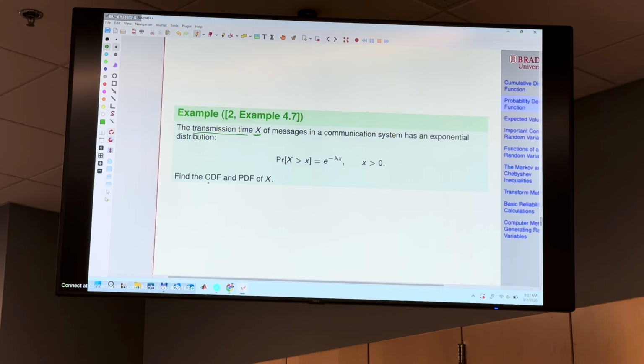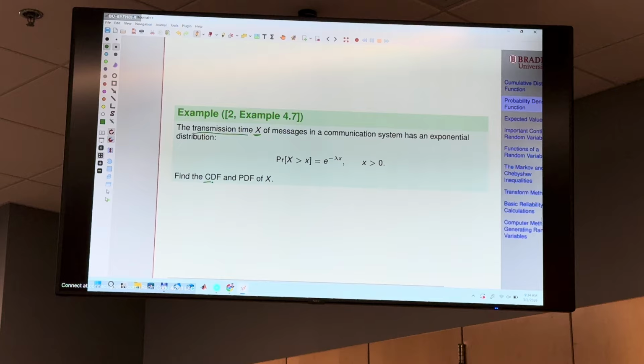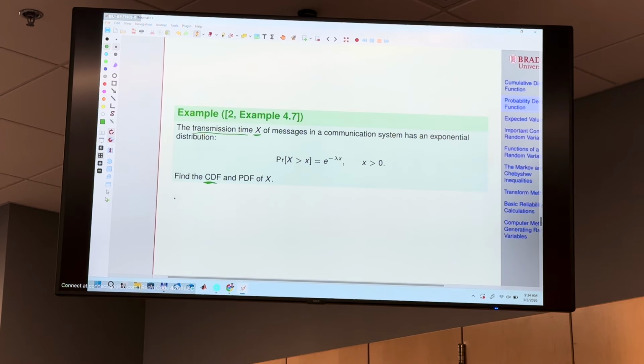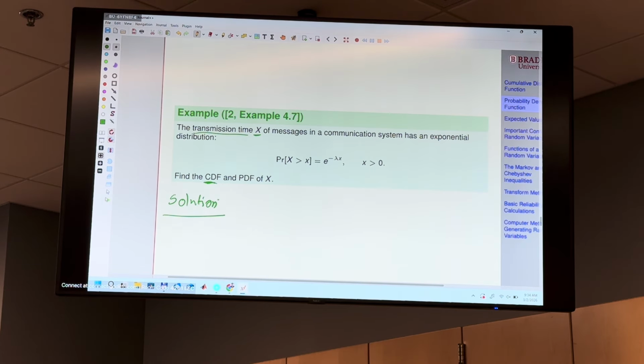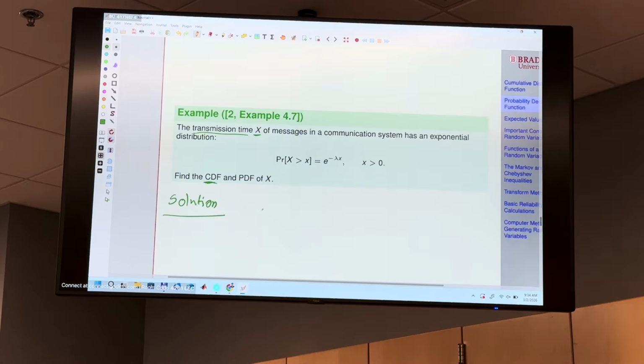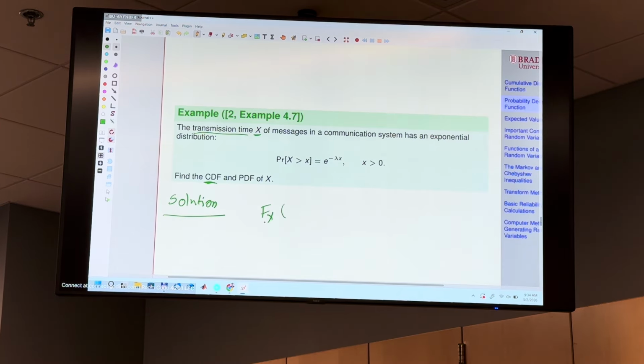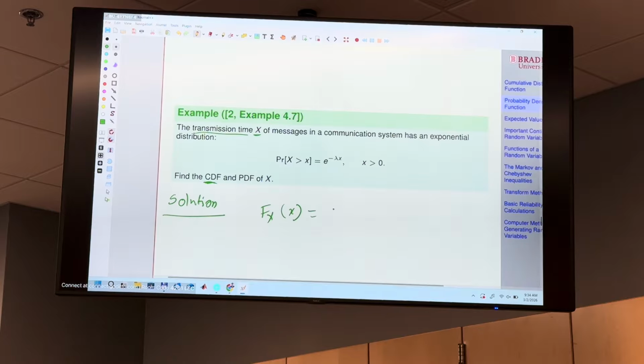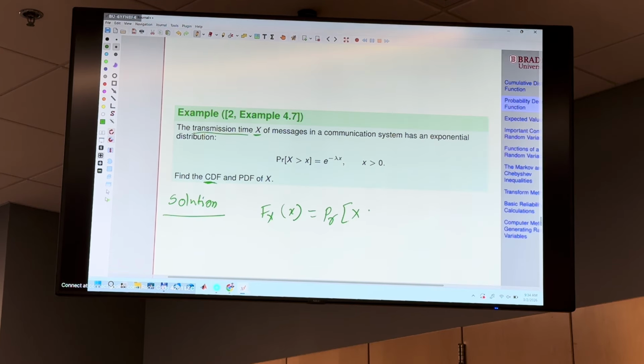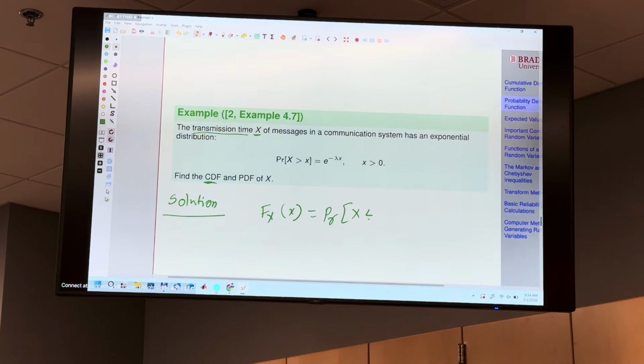Now, if you want to determine the CDF, here is the trick, guys. The solution: the CDF of a random variable taking value x, I'm not writing details here, is by definition the probability that X is less than or equal to x.